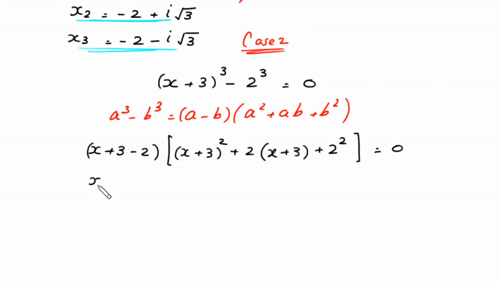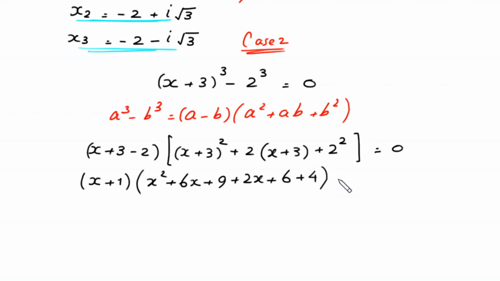Next, x plus 3 minus 2 is x plus 1, times (x plus 3) whole squared is x squared plus 6x plus 9, and 2 times (x plus 3) is 2x plus 6, plus this 2 squared is 4, is equal to 0.